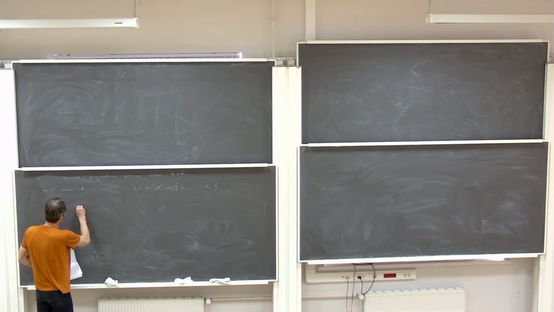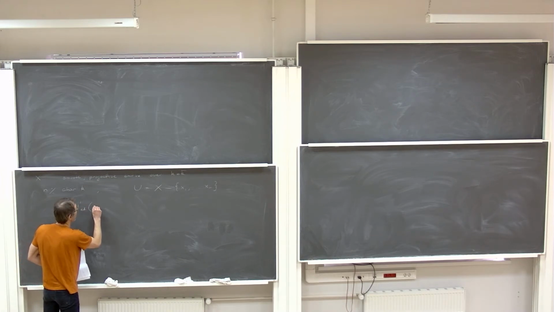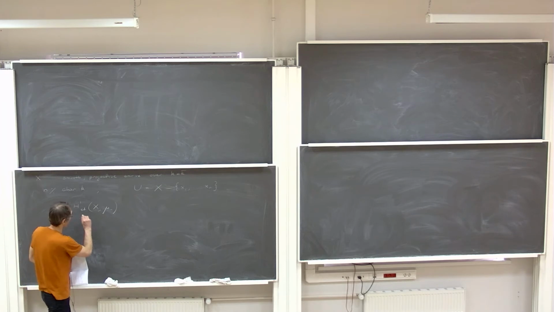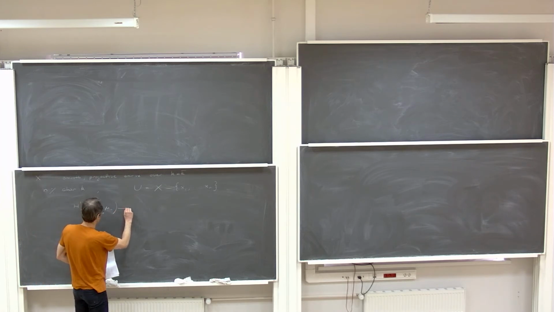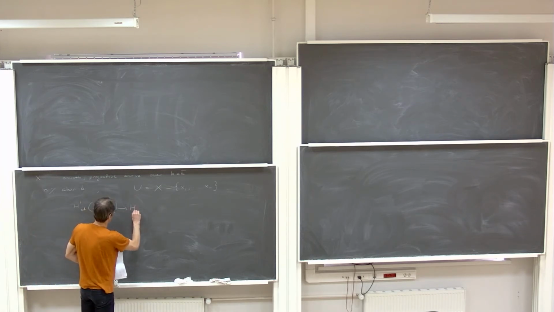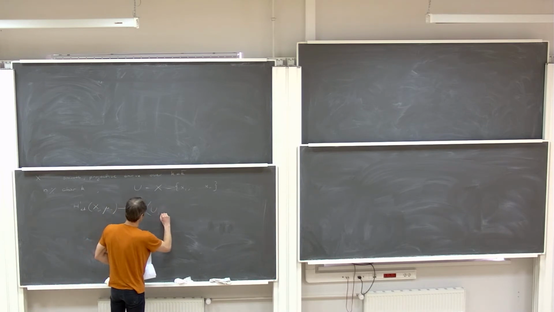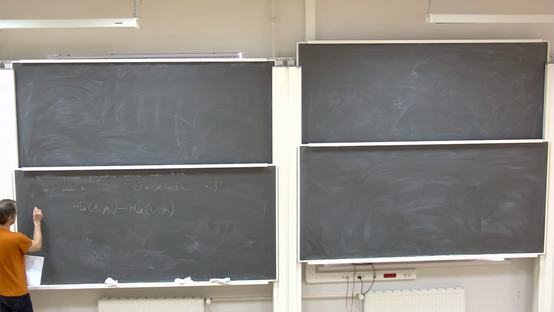We have H1 étale of X with coefficients in Z mod n. We have the restriction map to H1 étale of U. We proved that this map is injective.